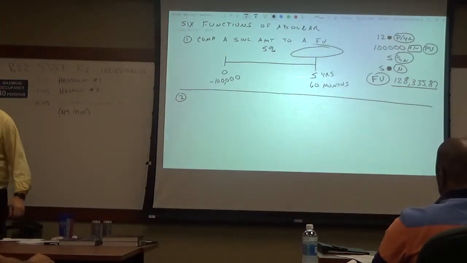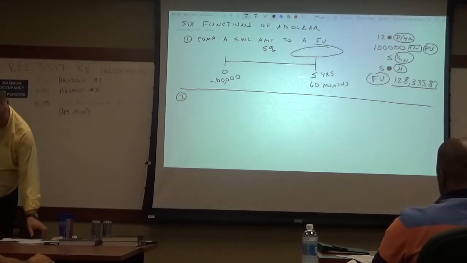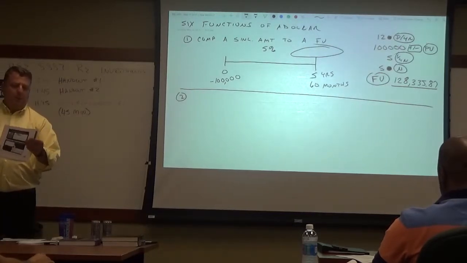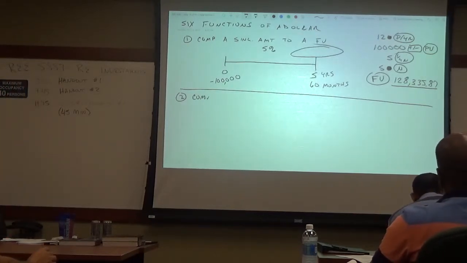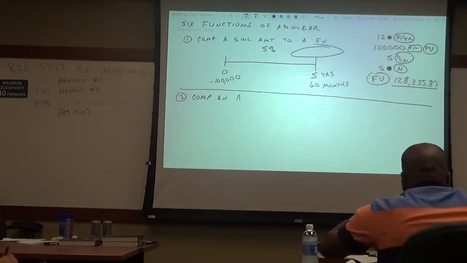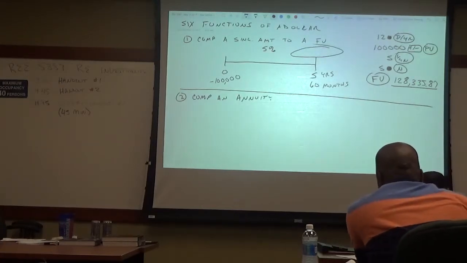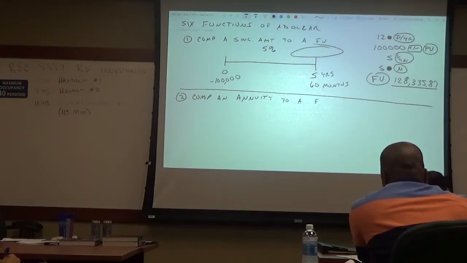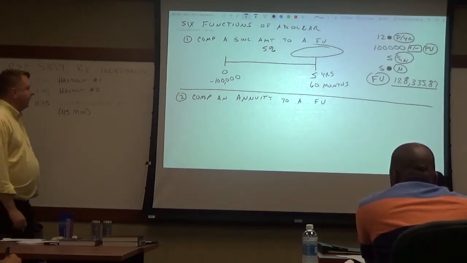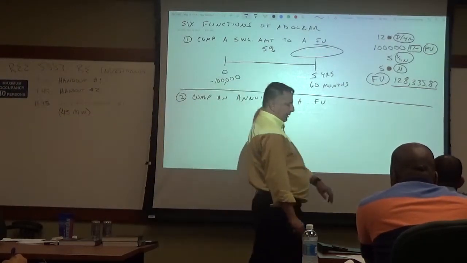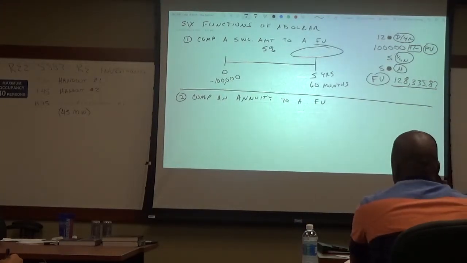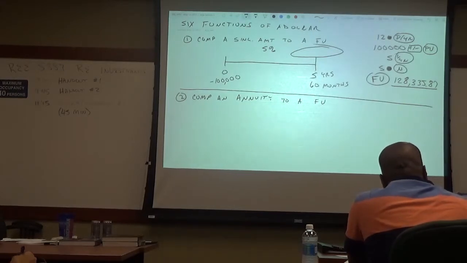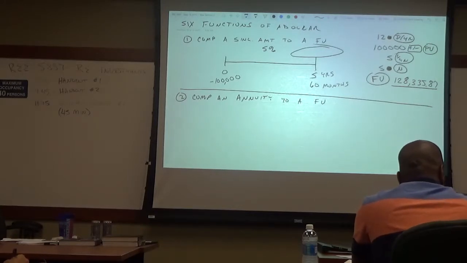Okay. So the second example type that they use here is compound an annuity to a future value. Compound an annuity to a future value. Okay, what is an annuity? Again, it's a payment that is either made or received, once again, depending on the perspective.